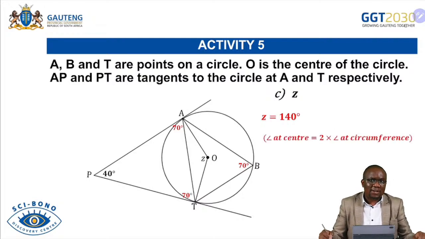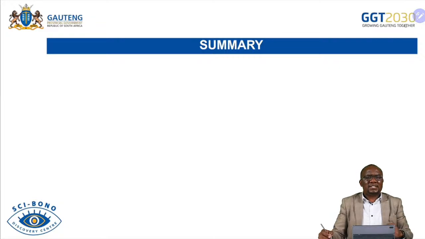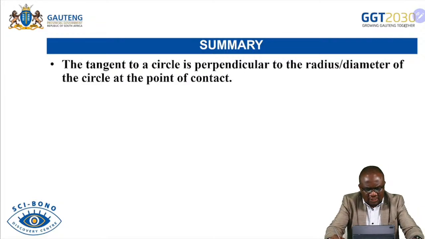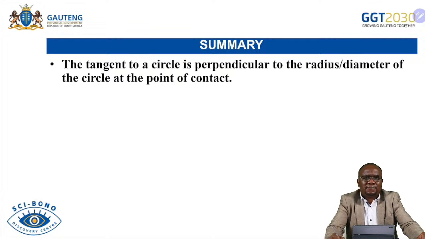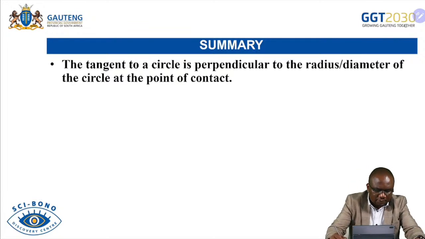Well done, grade 12s. We're done with today's lesson. We just need to summarize our lesson. The tangent to a circle is perpendicular to the radius or diameter of the circle at the point of contact. Do you remember this? Don't forget it.